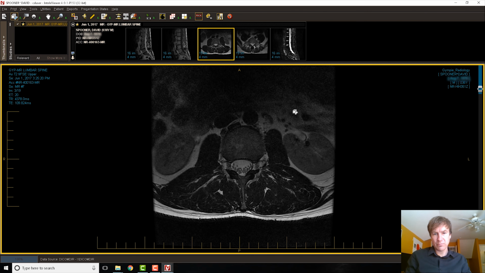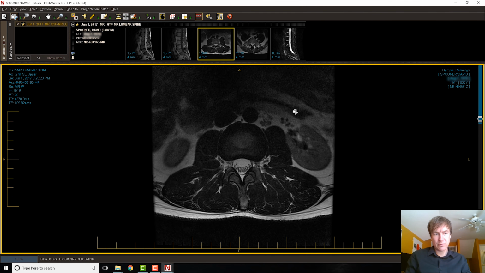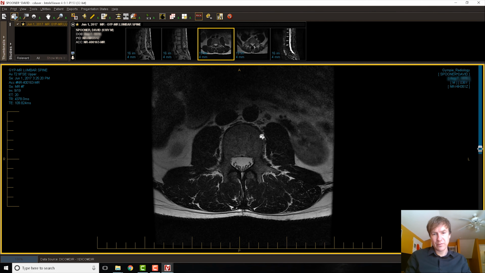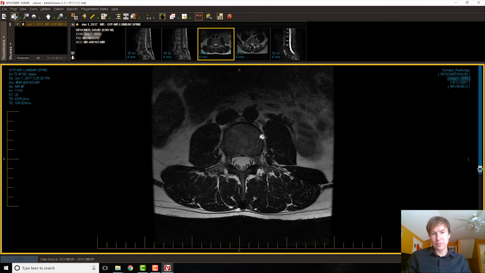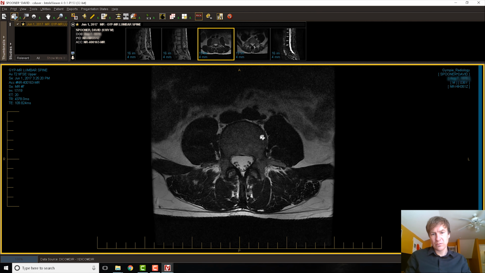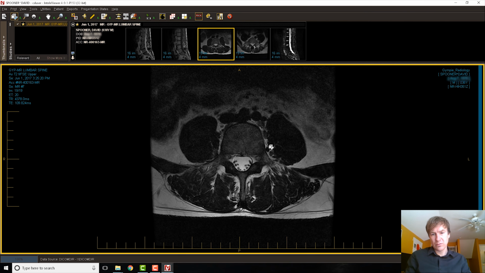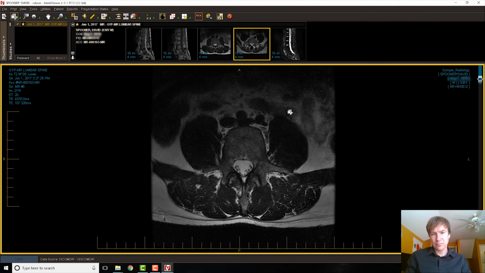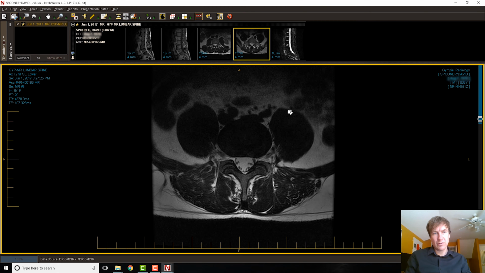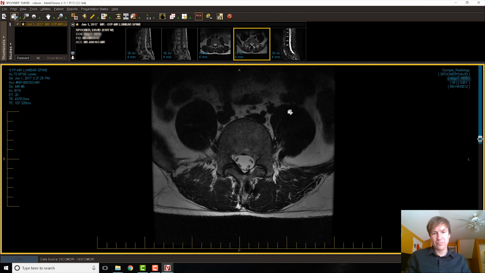I think this is going from top to bottom of my spine. So this is the left side here, this is the right side. And the next one. These were done on 2 different machines. They were not the same machine.